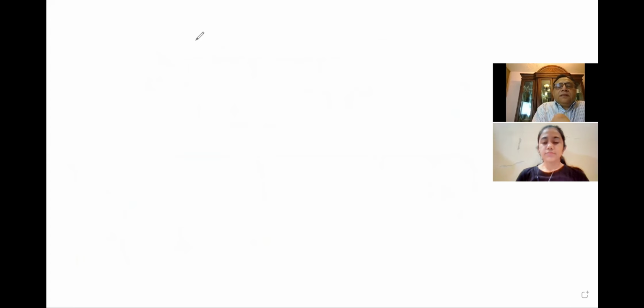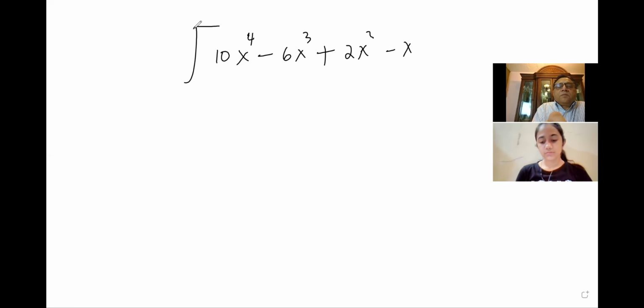So this time I'm taking an example like 10x to the power of 4 minus 6x cubed plus 2x squared minus x, and we are going to divide this by, let us say, 2x.